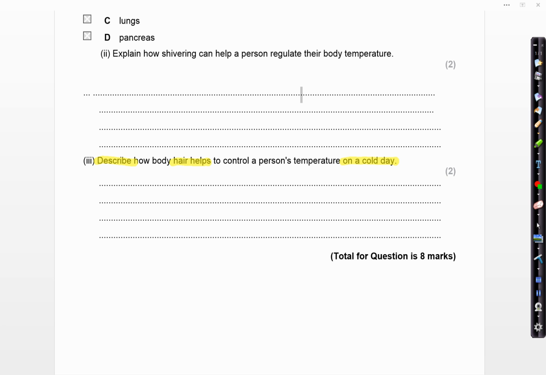So what do we know the hair will do on a cold day? So on a cold day, the hairs will rise or will stand up. And how will that keep them warm?